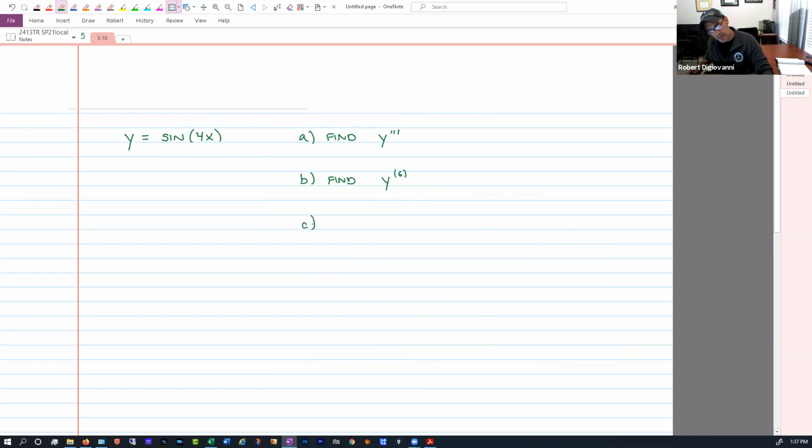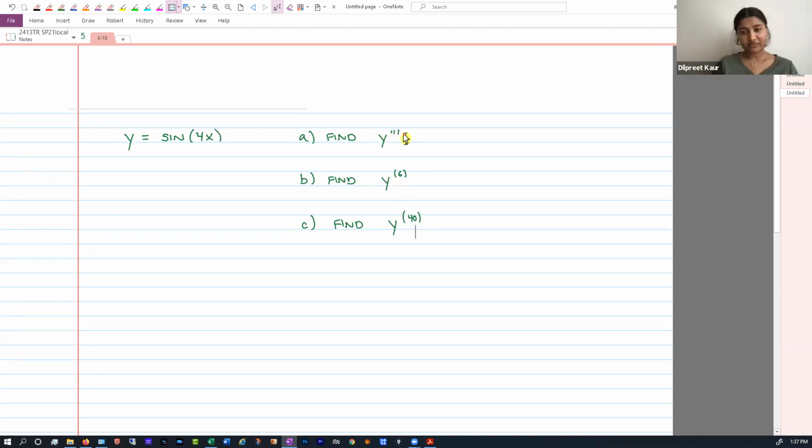And then C, I want us to find y with a parenthesis 40. Okay, so what does y with these three little dashes mean here? Find the third derivative. So I need you to take the derivative 3 times. What does a little 6 up here in parentheses mean? Same thing, 6 times. And then what does 40 mean? 40 times.